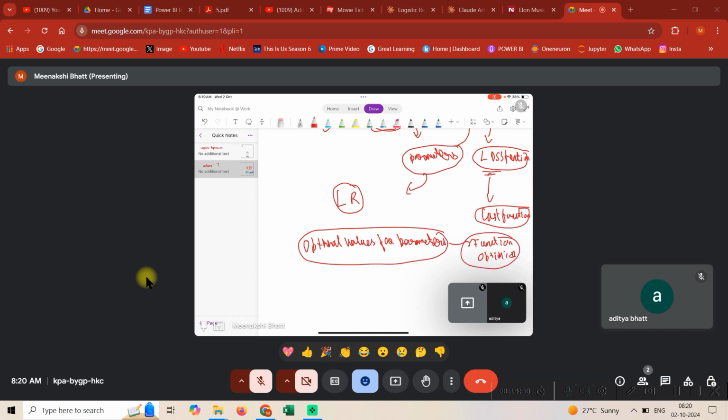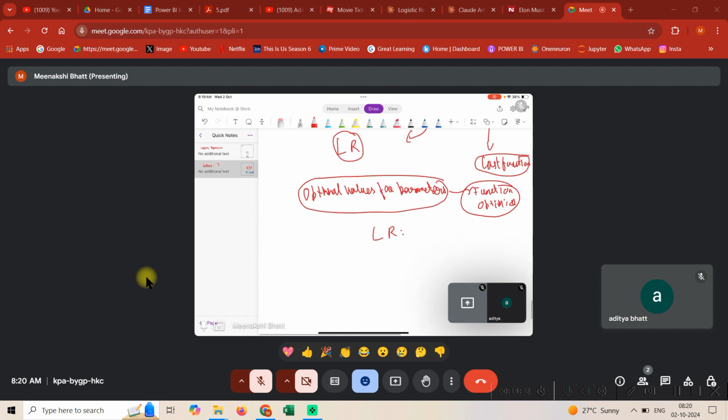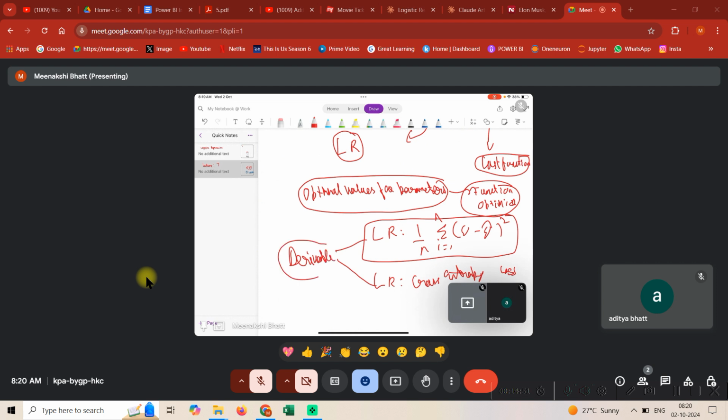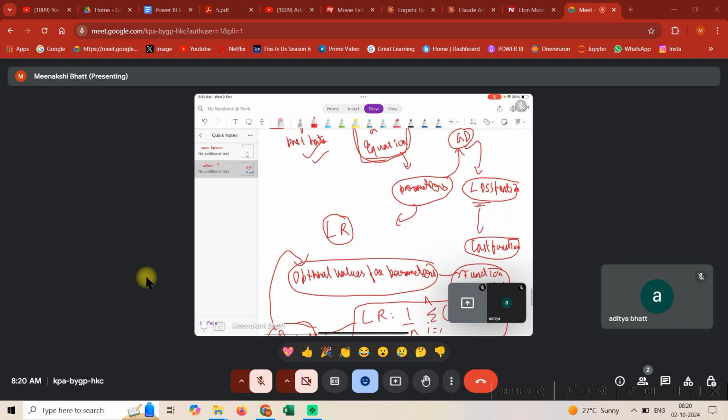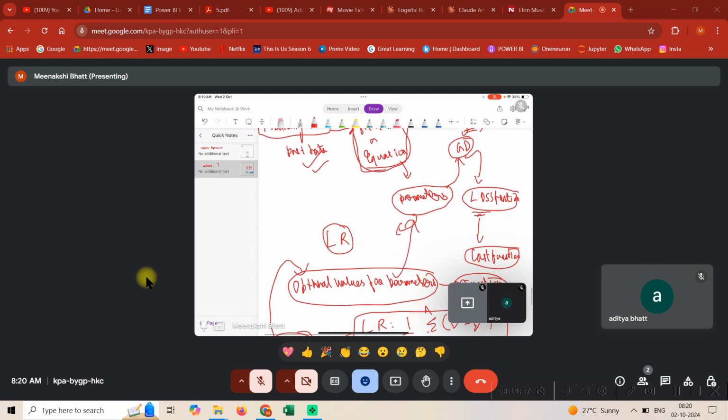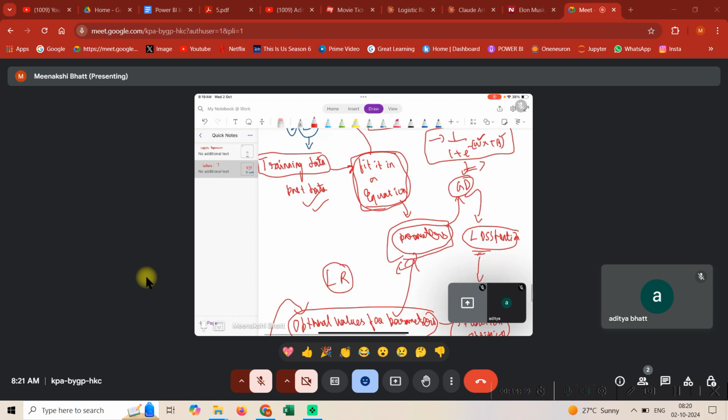For linear regression we have something like 1 upon n, something like this. For logistic regression I showed you we have cross entropy loss. All these loss functions are mainly differentiable, because we need to take their derivatives in order to find the optimal values of parameters, and then with those optimal values we can test it.